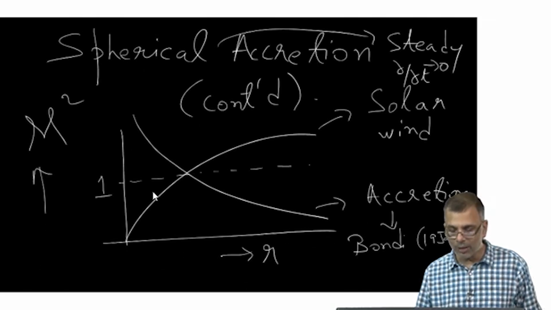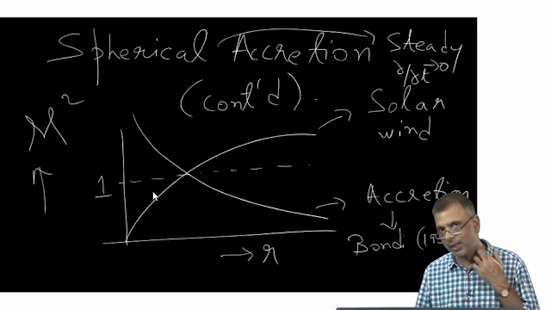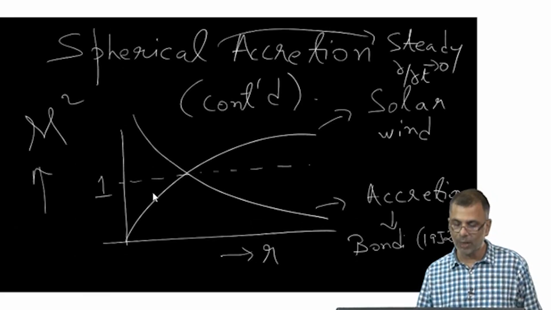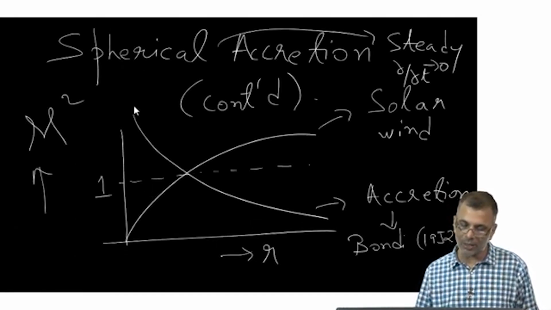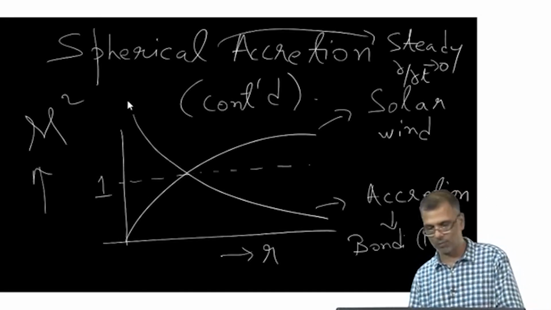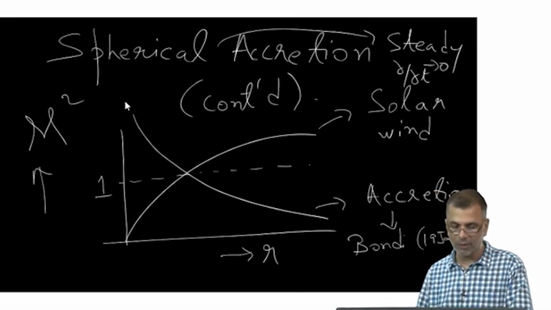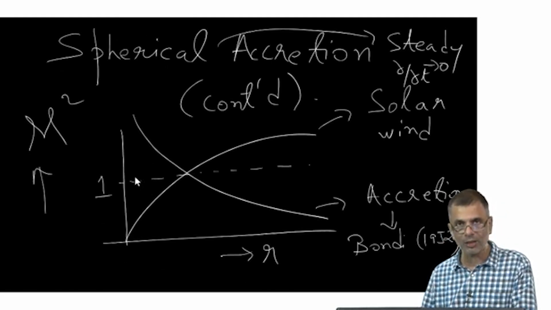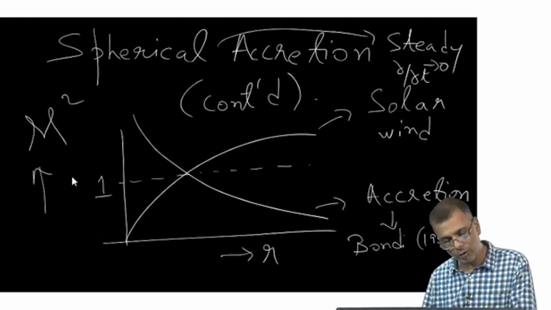But then you cannot accrete onto the central object anymore in a smooth fashion, because the inner boundary condition demands that at very small radii the flow is supersonic. Therefore, if you insist that there is a shock here, there has to be another sonic point through which the flow passes, and therefore the flow becomes supersonic yet again.